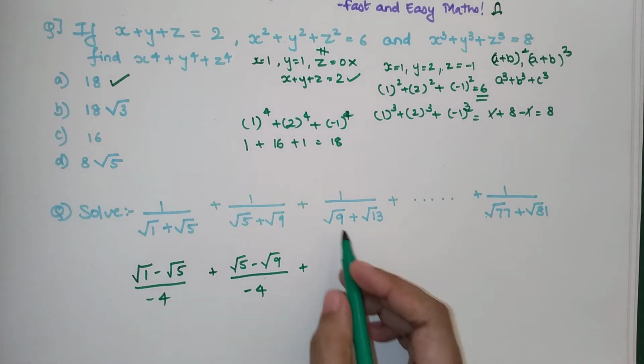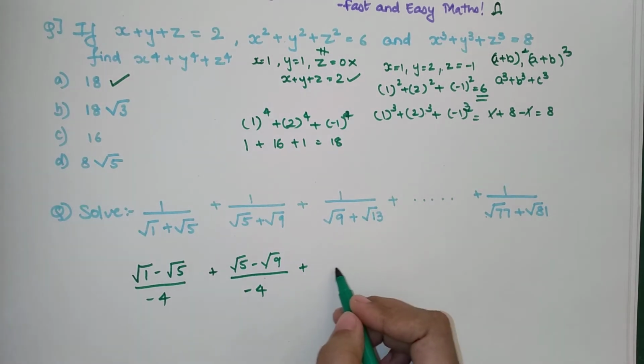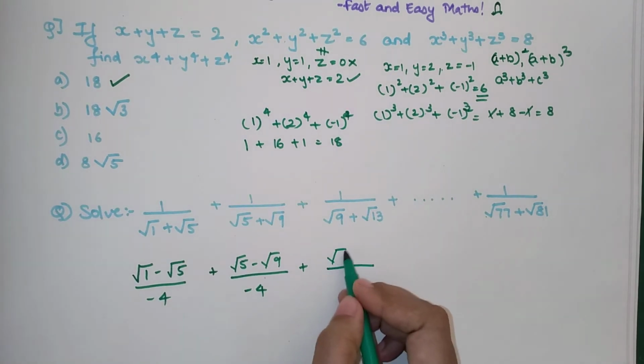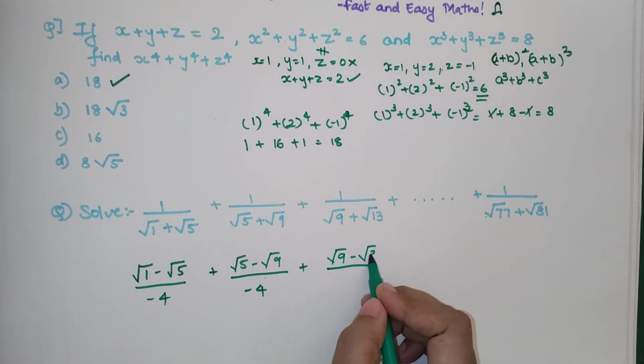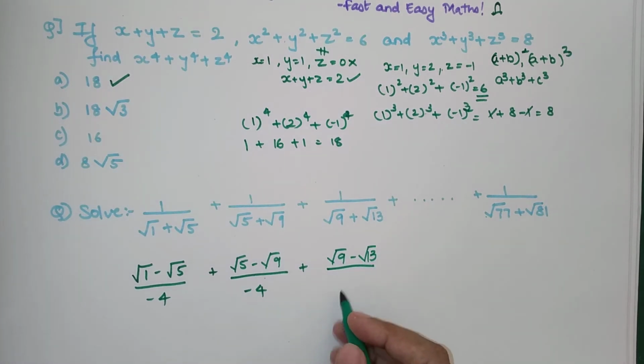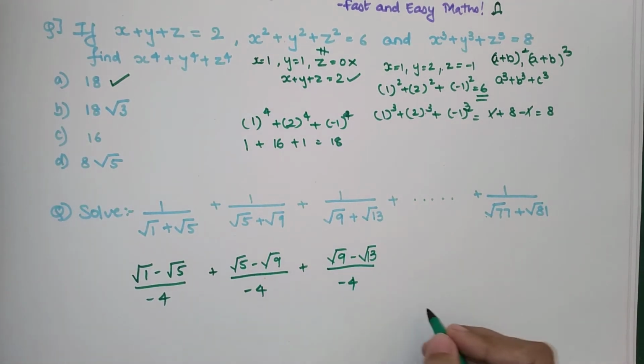Similarly, when I take the conjugate of the next fraction, I get root of 9 minus root of 13, and in my denominator 9 minus 13 gets you minus 4.